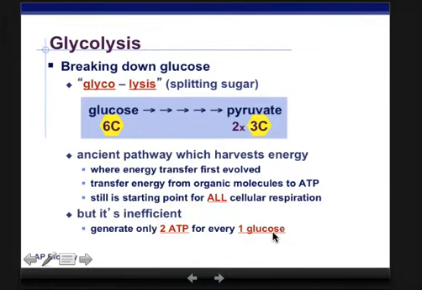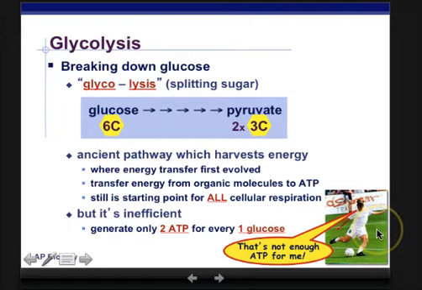So the development of the mitochondria really gave us a ton more energy to work with. You're not going to be able to run an entire human being just through glycolysis. You're going to need all those other things that happen in the mitochondria to be able to develop a big complex organism like that.